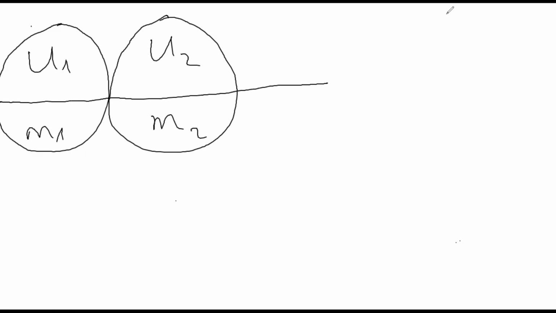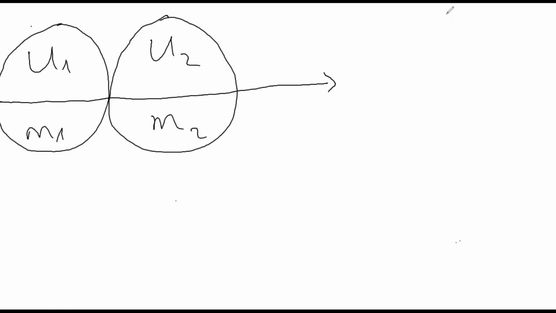If we consider the collision of two spherical balls of masses m1 and m2 and speed before collision u1 and u2, the collision is along their lines of impact.